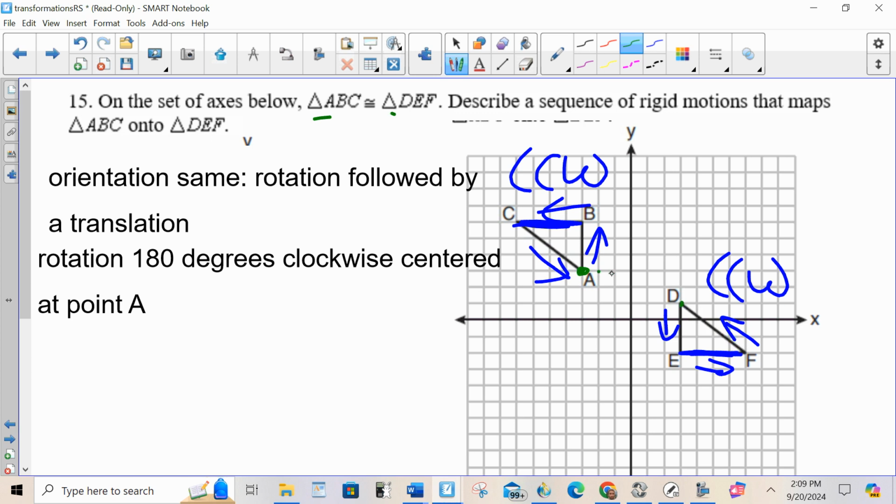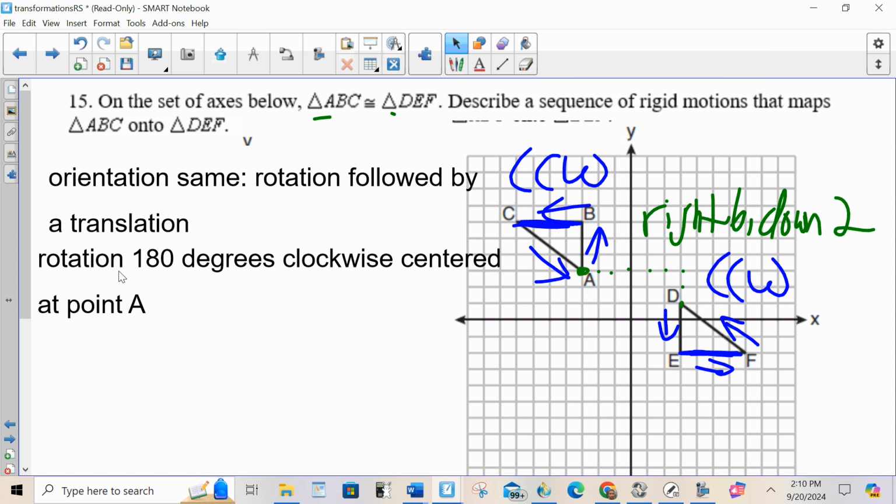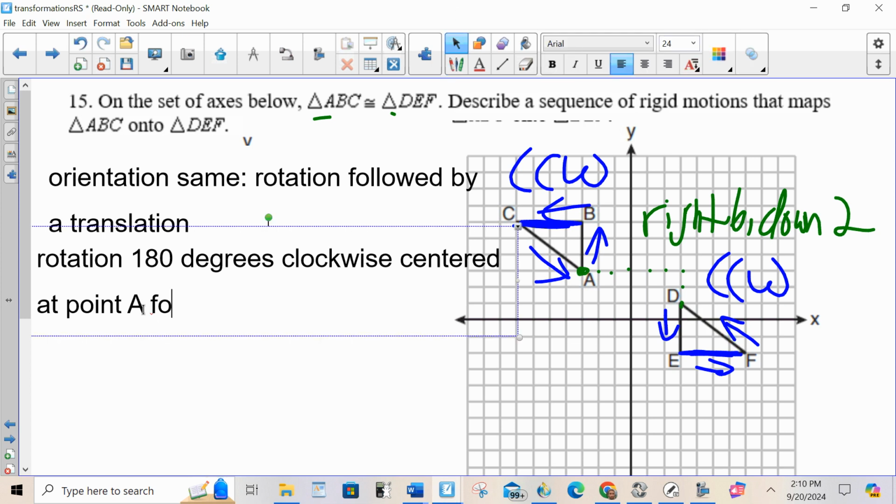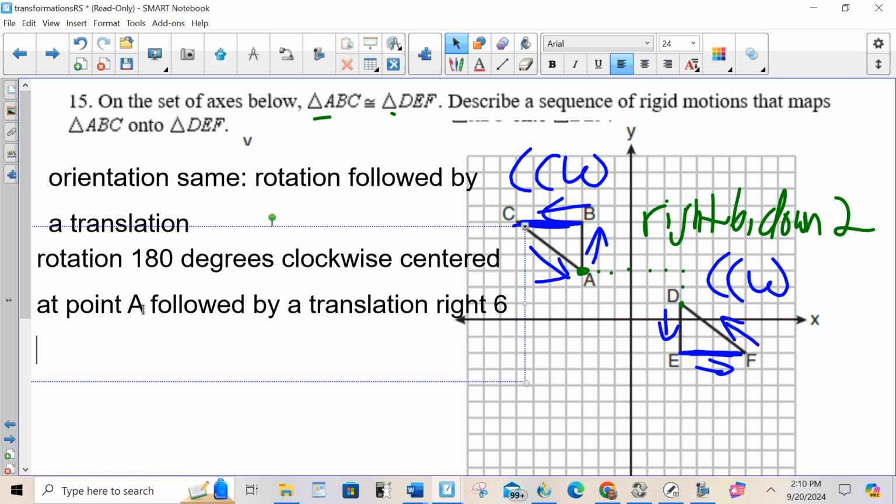Right 1, 2, 3, 4, 5, 6, down 2. So that's right 6, down 2. Followed by a translation, right 6, and down 2.